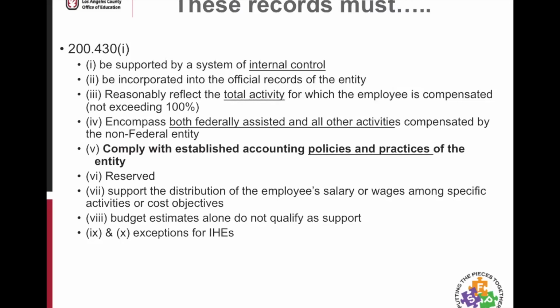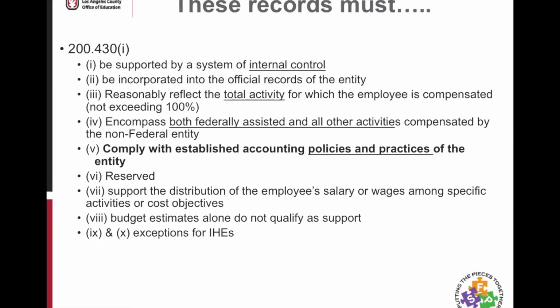They need to reasonably reflect the total activity for which the employee is compensated. So it's not just the federal part of their work, but it's the whole activity that they're paid for. And again, not exceeding 100%. So we know everybody works 120%, but you can only count the 100%. That's your job that you get paid for.